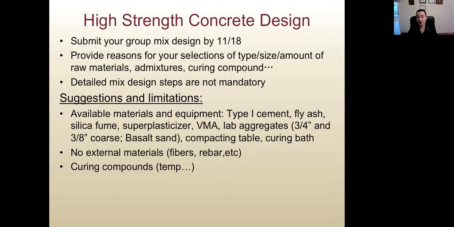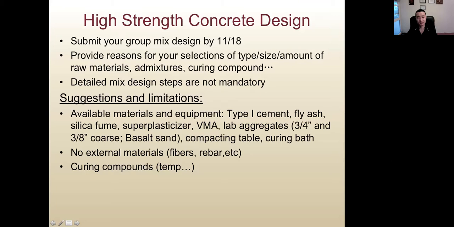For the aggregate, we have two sizes of coarse aggregate, 3/4 inch and 3/8 inch. We have basalt sand and also Moai dune sand. We have a compaction table, and we have a curing chamber where we can control the temperature to cure the concrete.